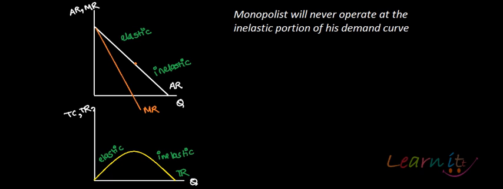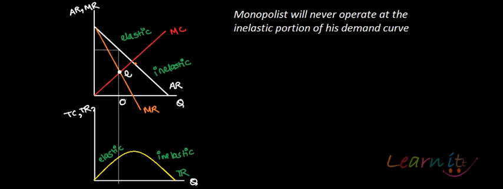Now there will be an MC curve. Let's say this is an MC curve here. Clear? Now this monopolist will be in equilibrium at the point where MC is equal to MR. This point gives the quantity which he is going to supply, and this gives the price which he is going to charge.